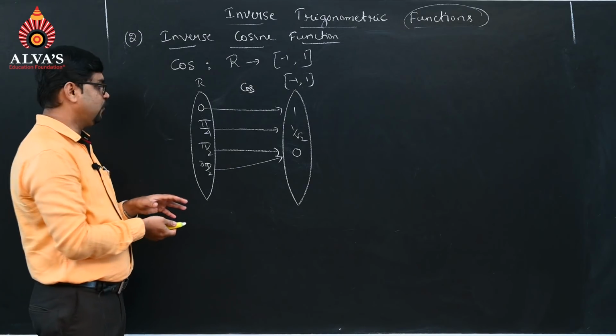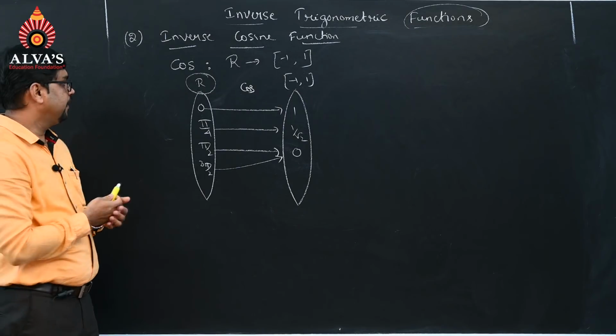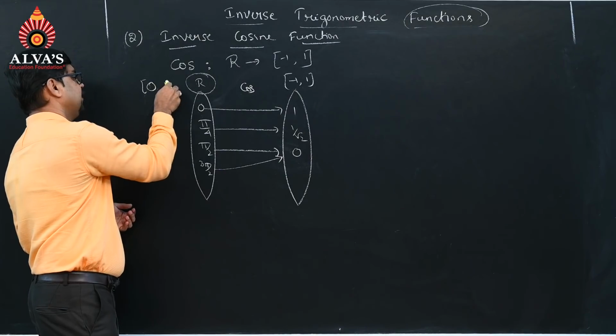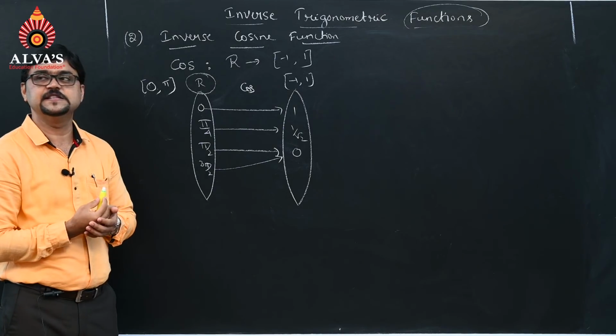To make this a one-one function, we have to restrict the domain as 0 to pi.